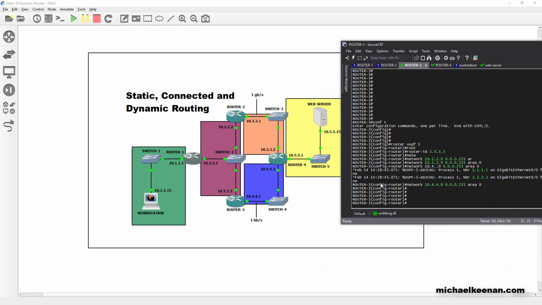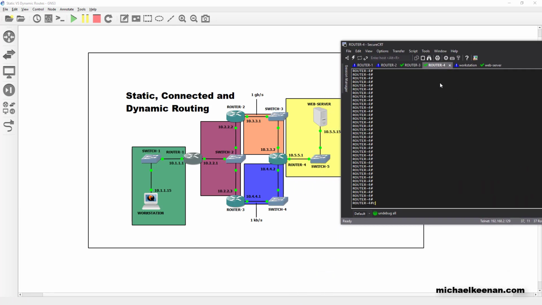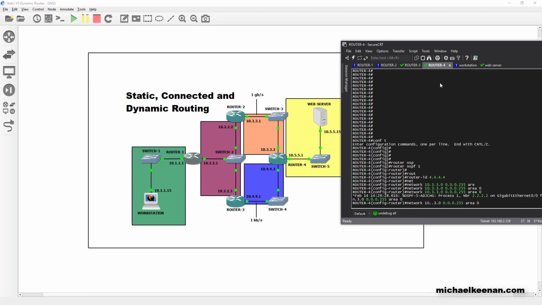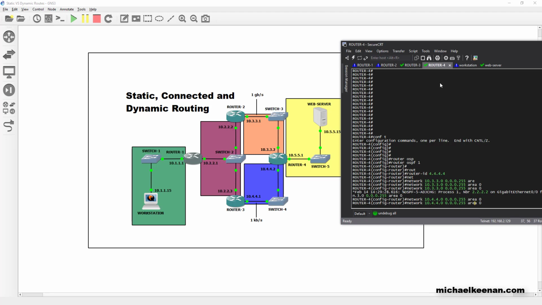And then last but not least, router 4. Turn it on. Router ID of 4.4.4.4. He knows how to get to the 10.3.3.0 network, and the 10.4.4 network, and the 10.5.5 network.